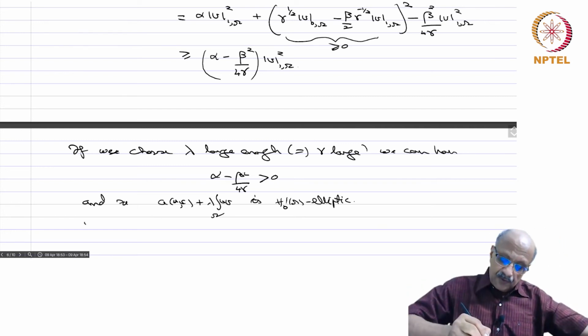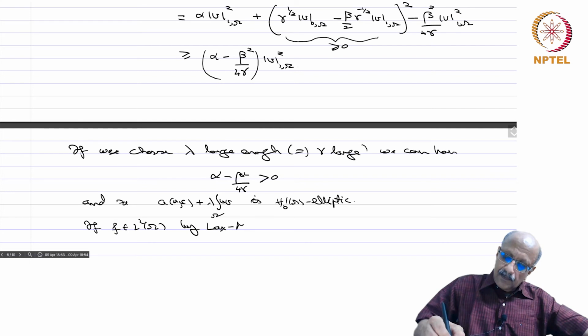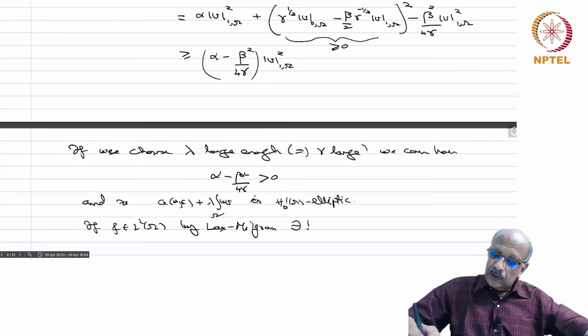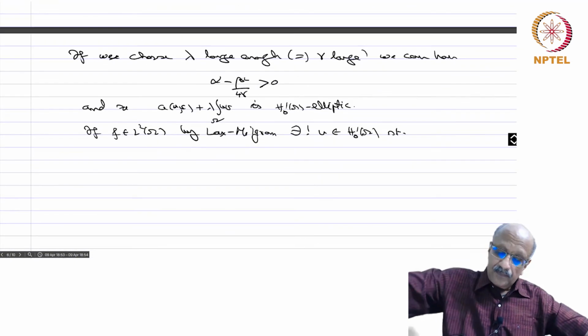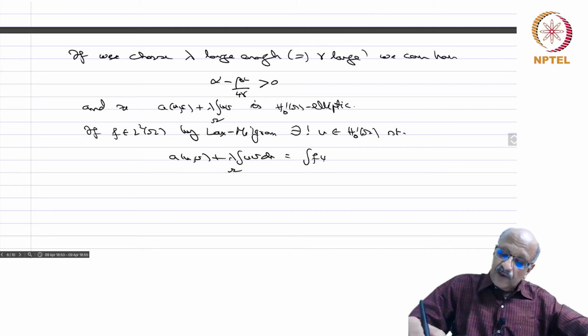So if f belongs to L2 of omega, by Lax-Milgram there exists a unique u in H10 of omega such that AUV plus lambda times integral uv on omega dx equals integral fv dx for every v in H10 omega.